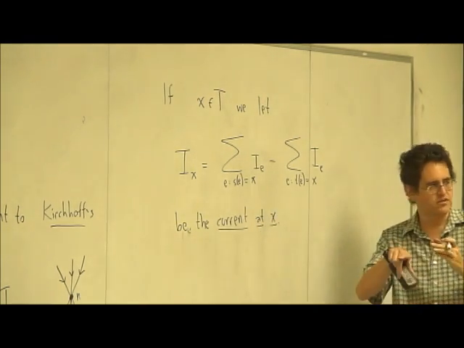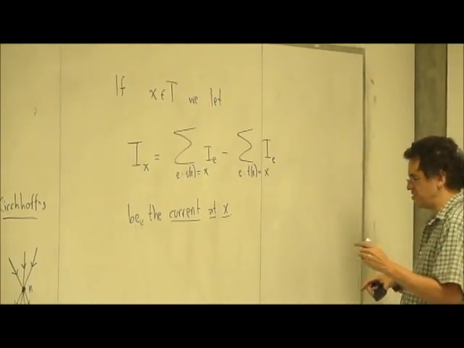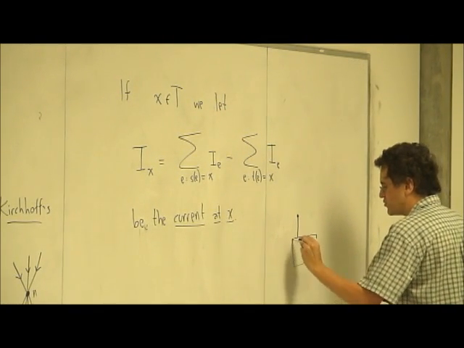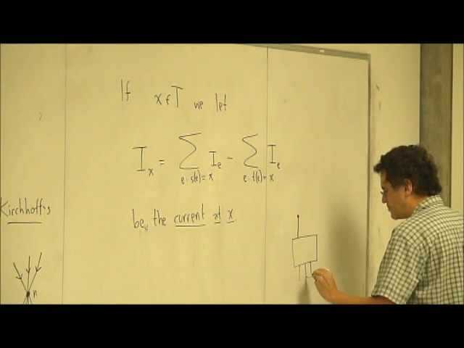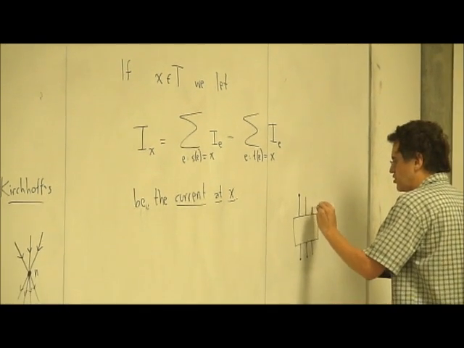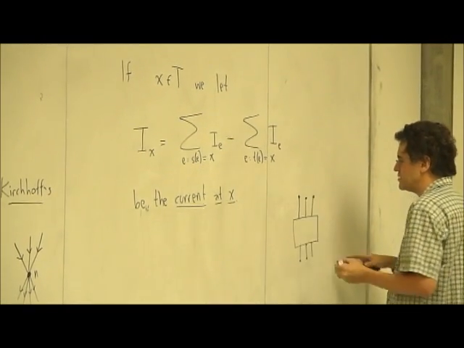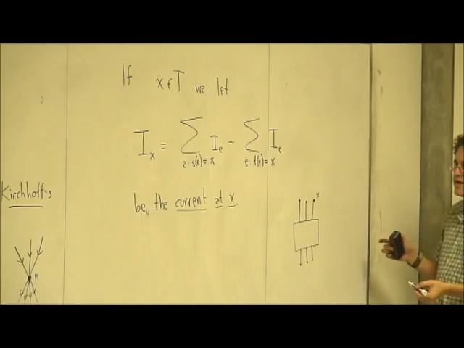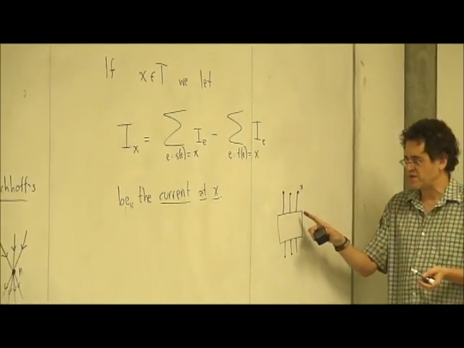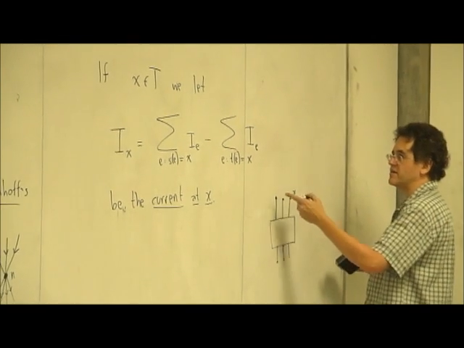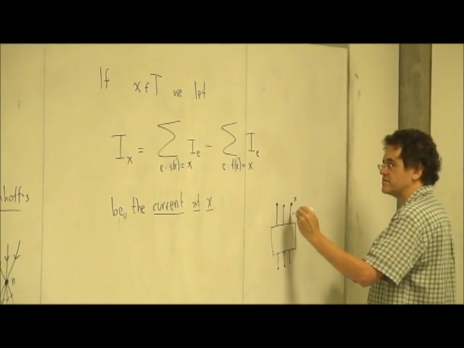So current flows along wires or edges, but if you have a situation like this, I'm just not drawing all the inside of the circuit because it doesn't matter. There'll be certain nodes called terminals, and then, in some cases, there'll just be like one edge connecting to them. And then you can talk about the current.